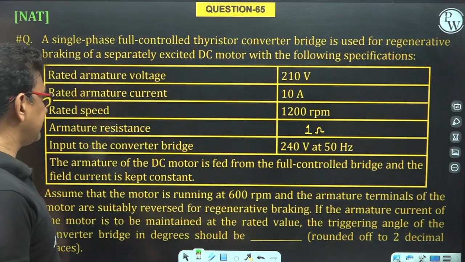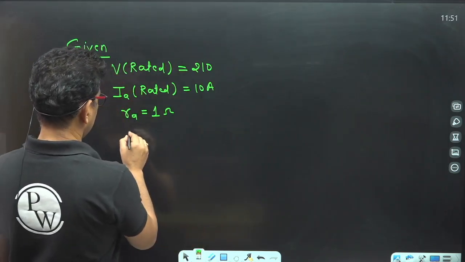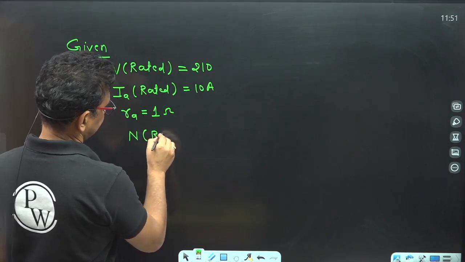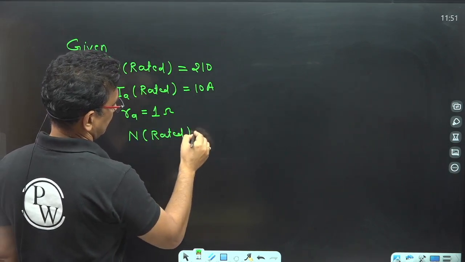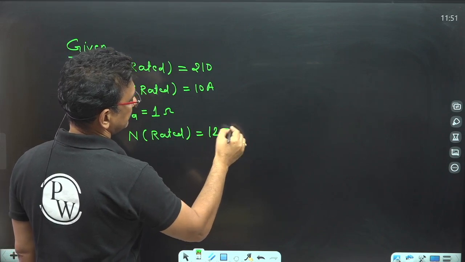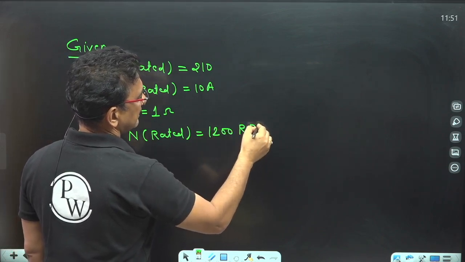The rated speed is 1200 rpm, that means in the rated condition it will run at 1200 rpm.